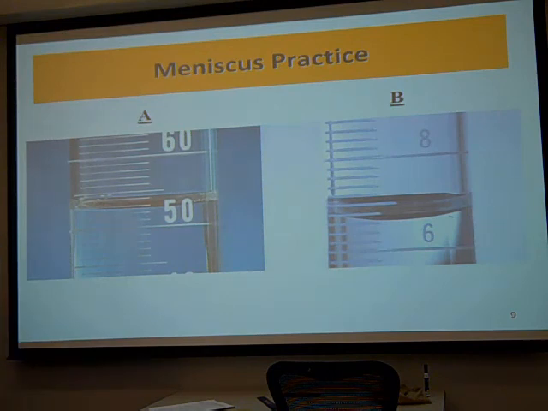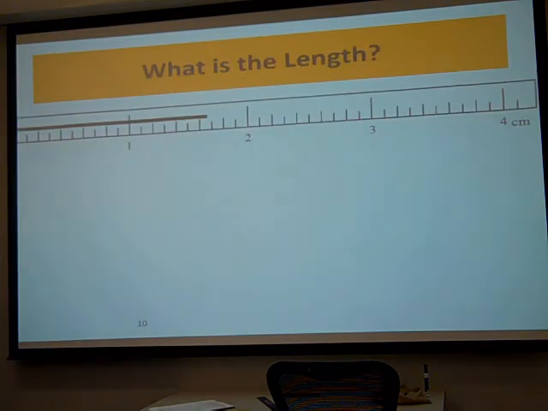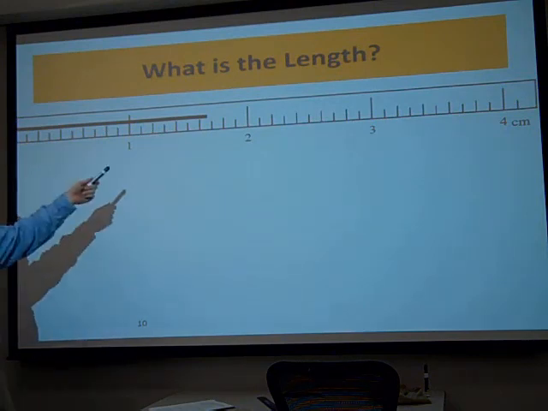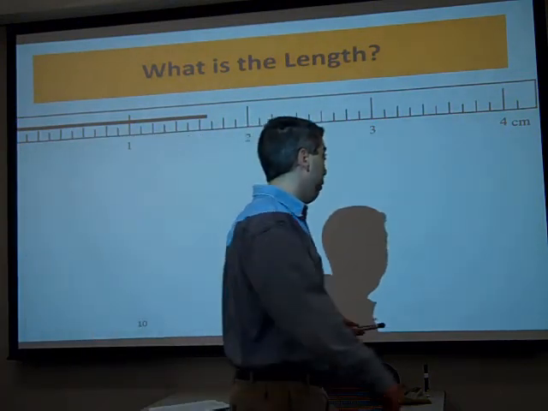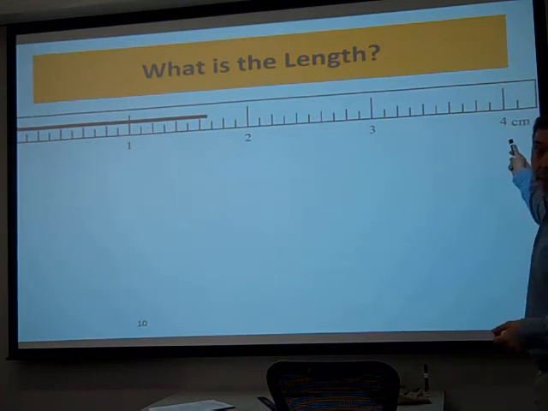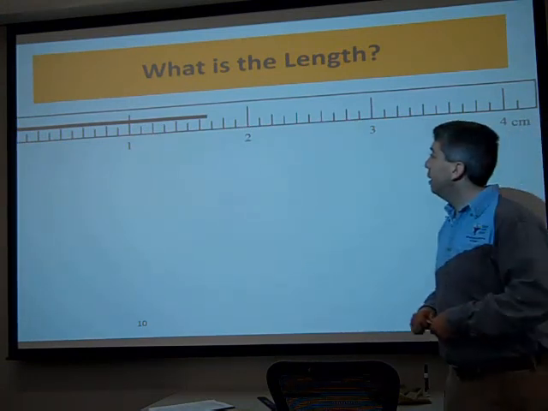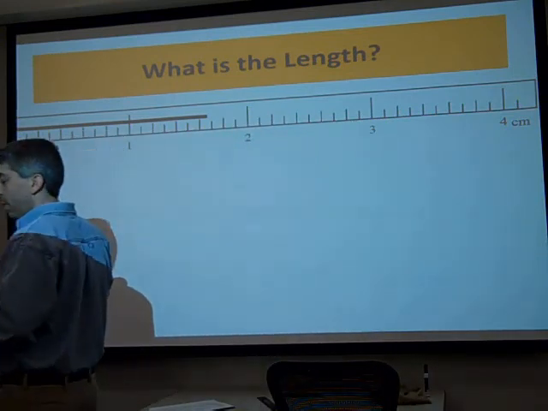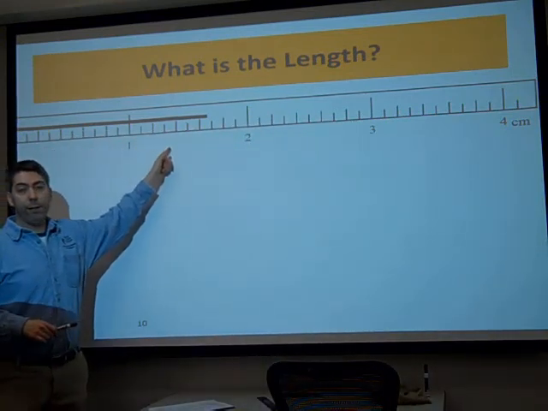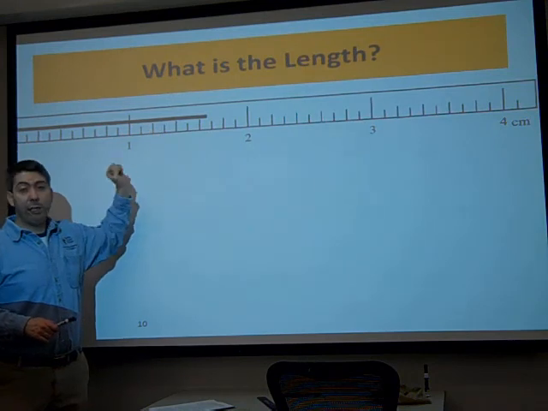Let's take a look at a couple others. What about this length? Now, this is a really big blown up ruler, and you can see that the measurement it has over here is centimeters, right? So since this is centimeters, that means the smaller markings are how much?